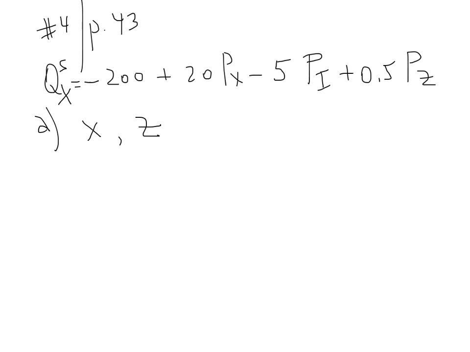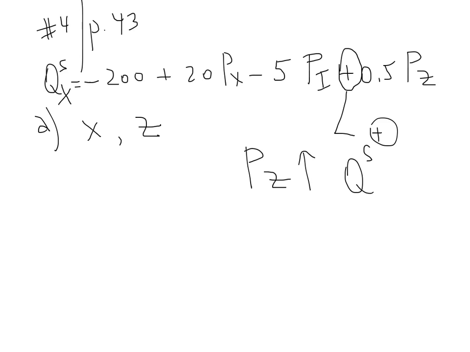Now, as you remember from the theory, this plus sign in front of z tells us that as the price of the good z increases, the quantity supplied of good x is going to increase, so they are positively related.